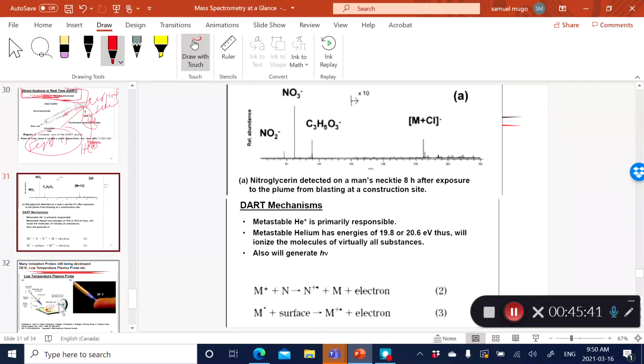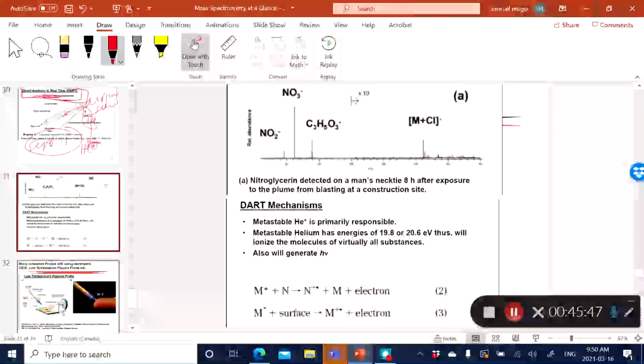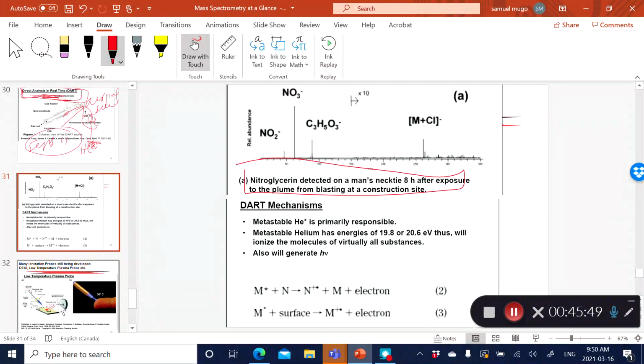Now, you spray that excited helium onto somebody's clothing. In fact, this is data that came from that guy's paper that I showed in the previous slide. He sprayed the helium gas on somebody's necktie and then channeled those ions to the mass spectrometer.